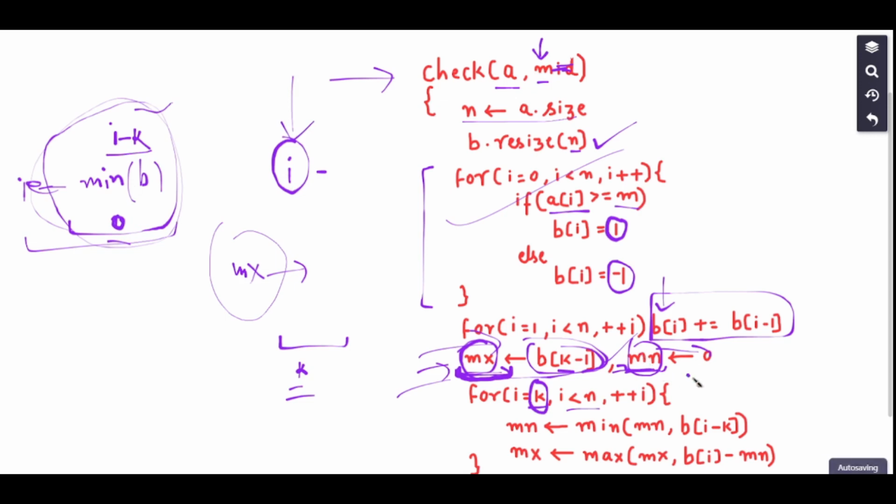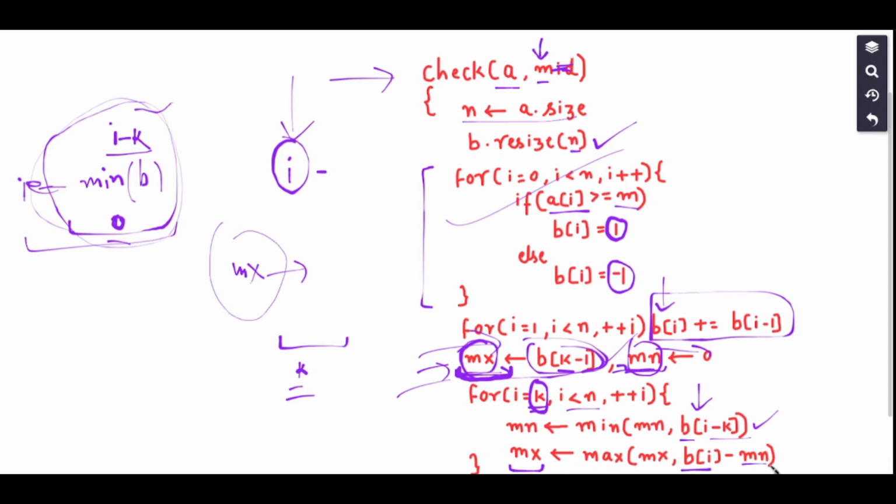So let's start iterating from position number k. For any position i, find the minimum sum from 0 to i minus k, which I get simply like this. Update this mn with B of i minus k, then update this mx variable. How?